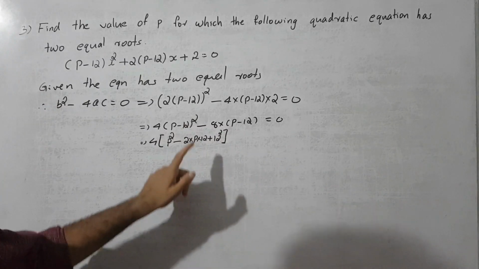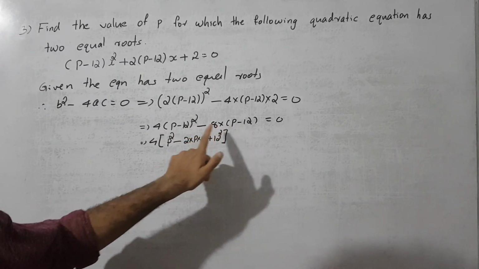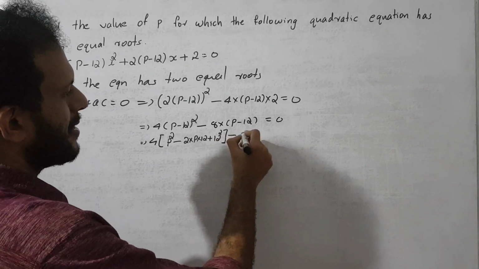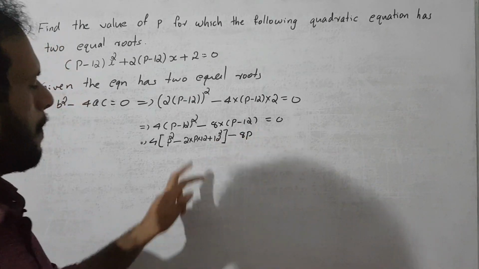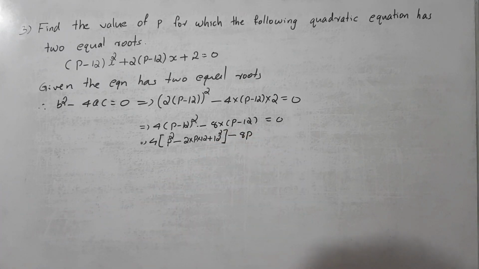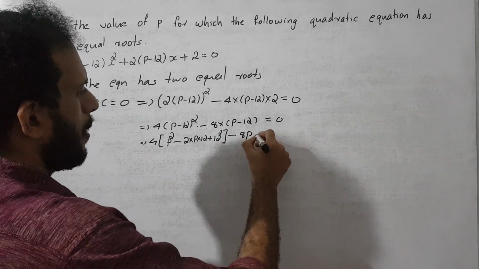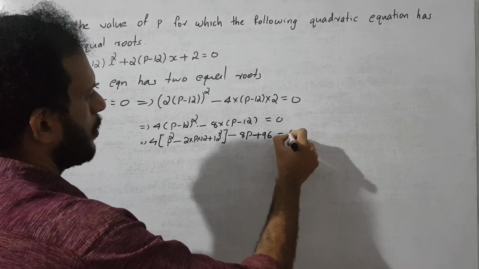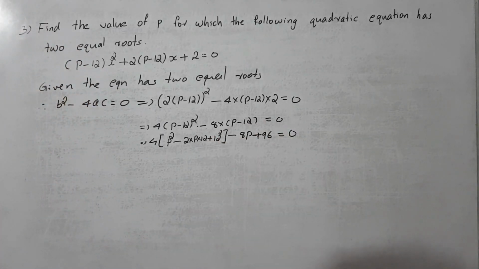Then next we expand this one: minus 8 into p is minus 8p, minus 8 into minus 12 is plus 96 is equal to 0, correct?